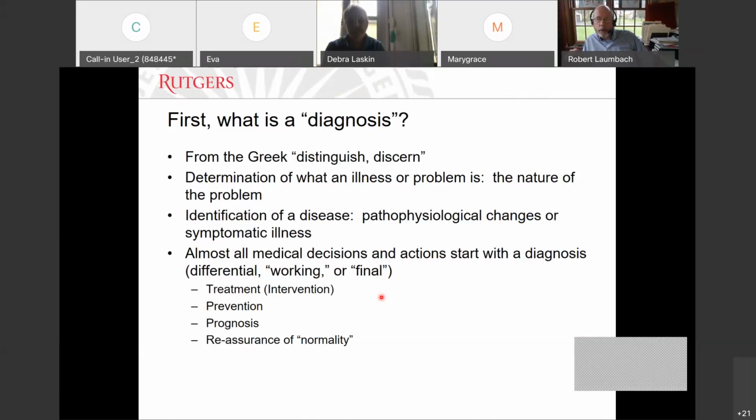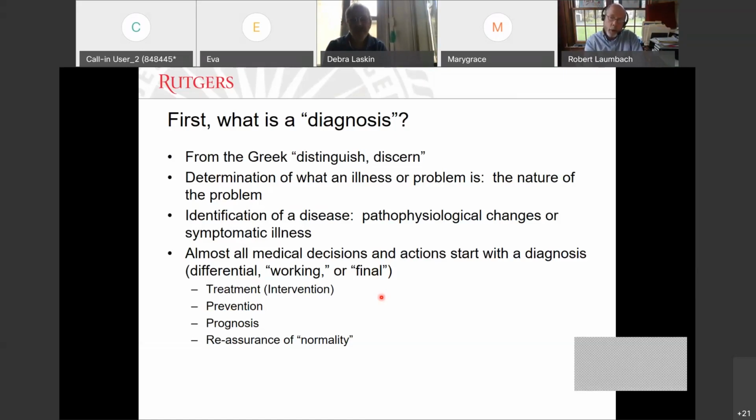But diagnosis is really at the root of everything, because we're starting with what actually is. So the uncertainty in diagnosis is uncertainty about what something currently is, and things about what is going to happen in the future typically follow from the way things are at the present time. So getting a correct diagnosis is fundamentally important for making decisions.